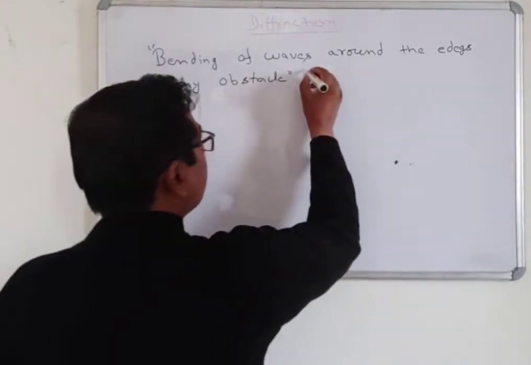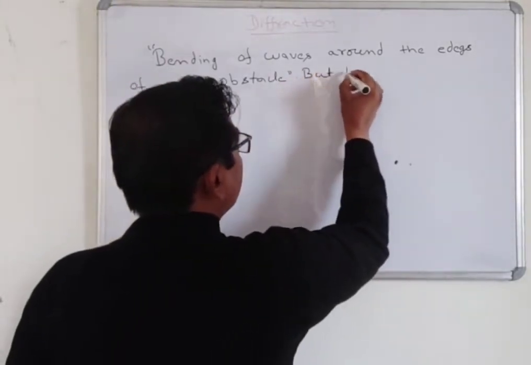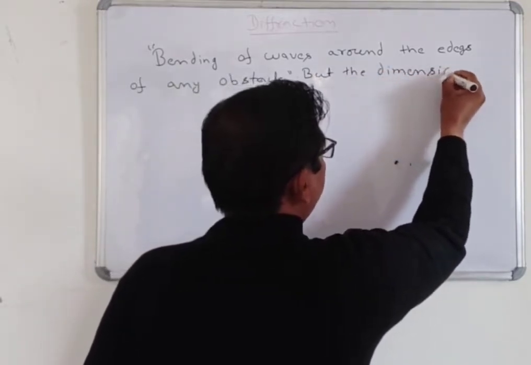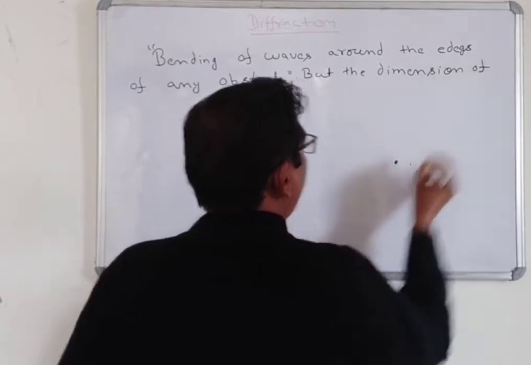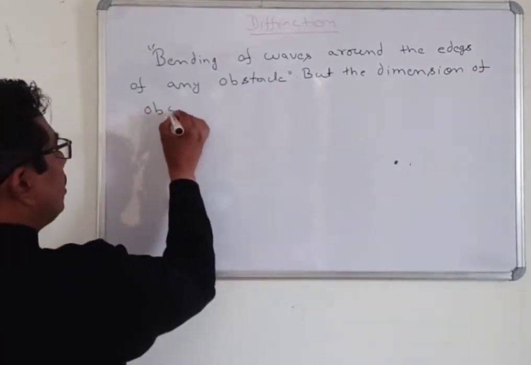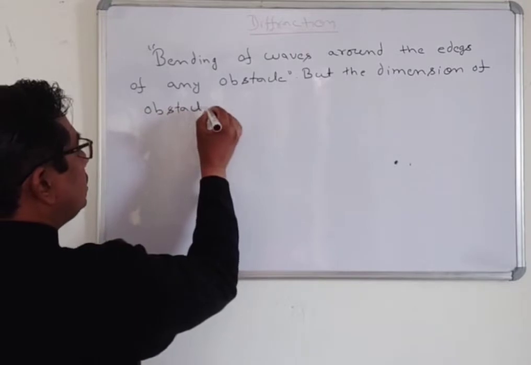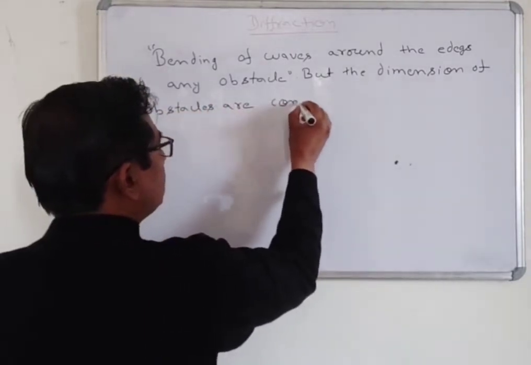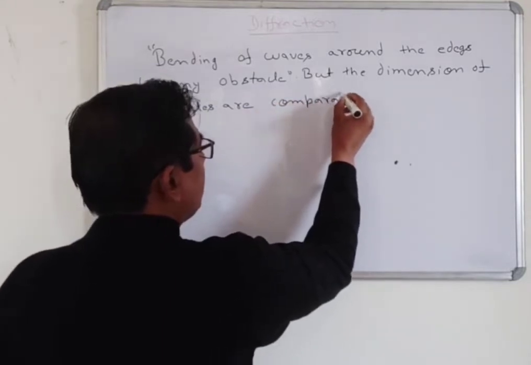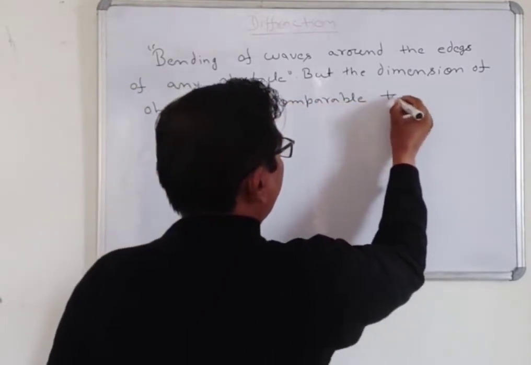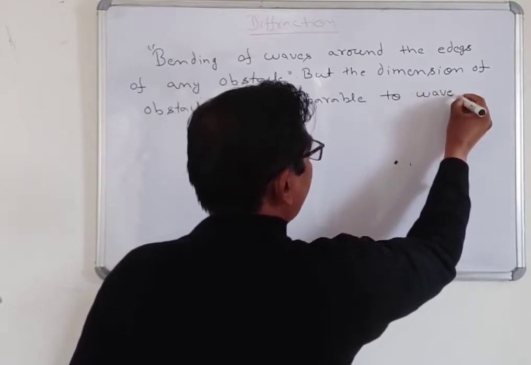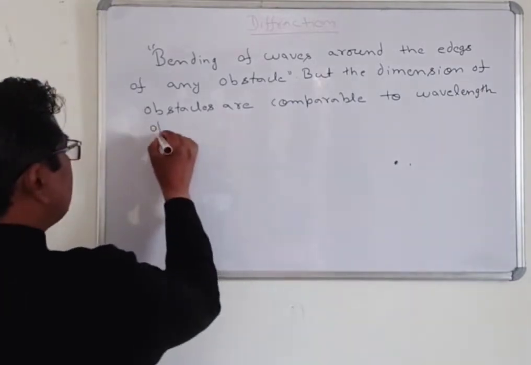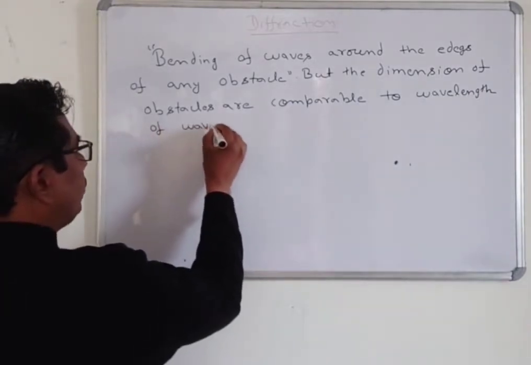But the dimension of the obstacle is comparable to the wavelength of the wave.